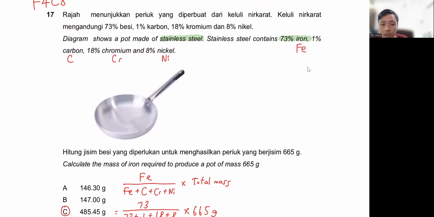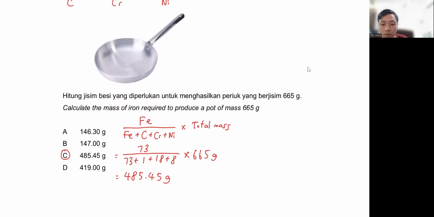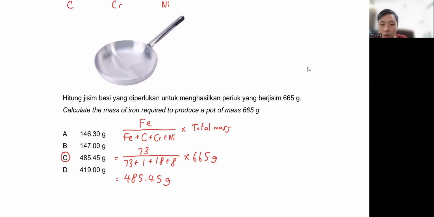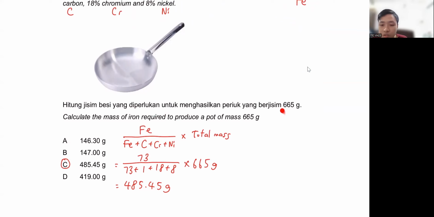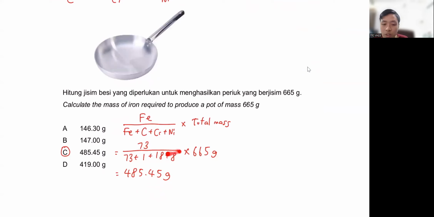For the mass of iron required, the total mass given is 65. The percentage is already given, so you just do 73 over 100 times 65, then you get how many grams of iron you need.